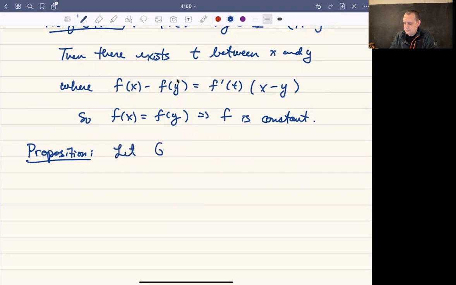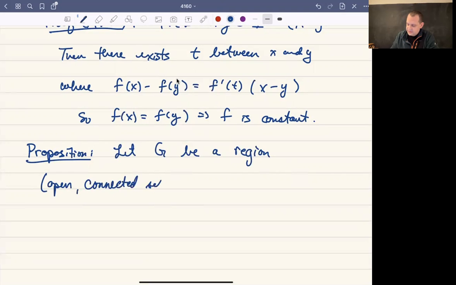Let G be what the book calls a region. And what a region is, it's an open, connected set in the complex plane. So to be a region just means that you're open and connected. So let G be a region.